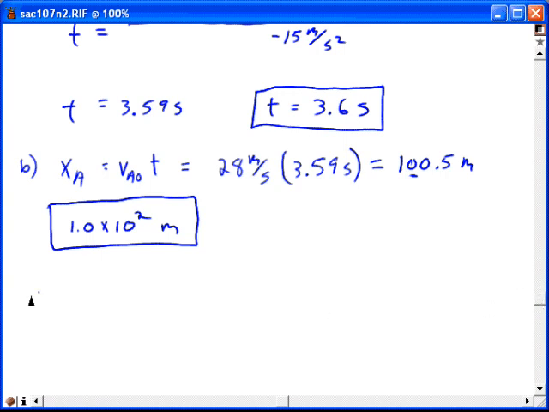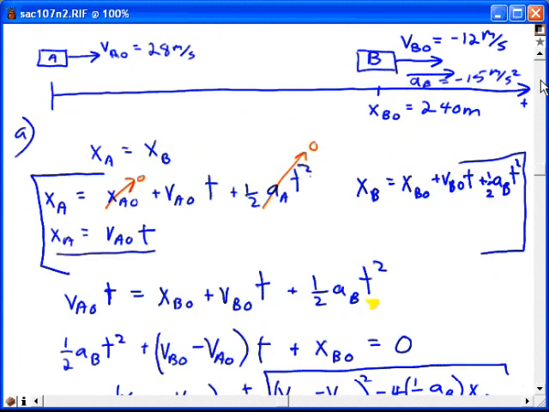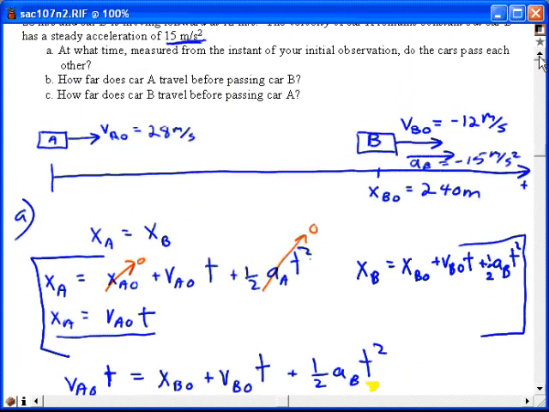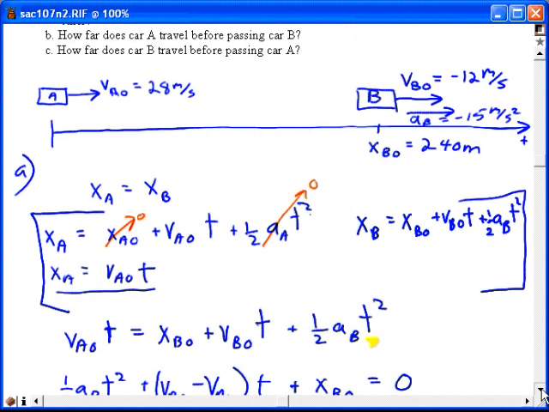And part C probably asks how far car B goes, but let's make sure that's what they want. How far does car B travel before passing car A? Remember, it is actually going in this direction. So I want to find the position at which they pass.